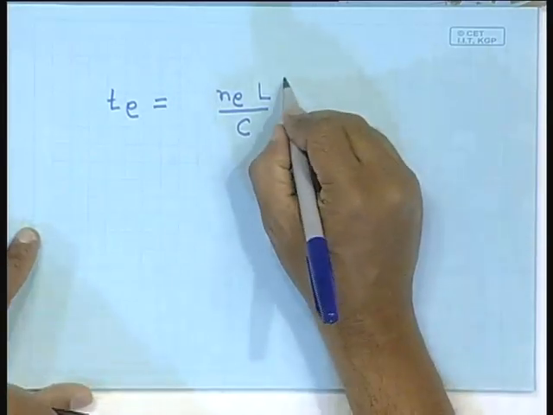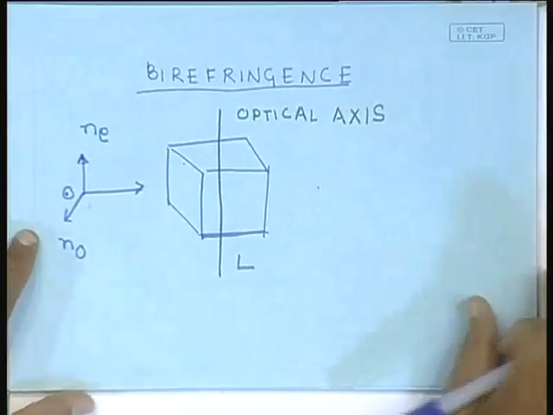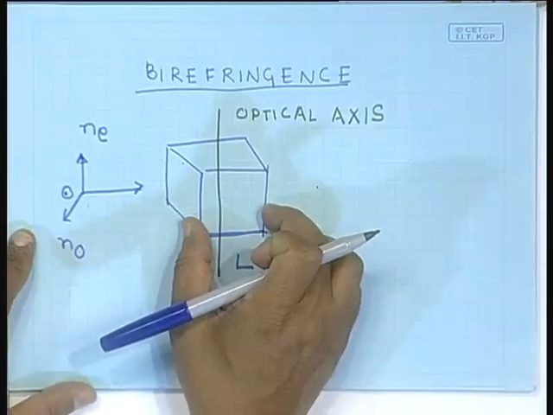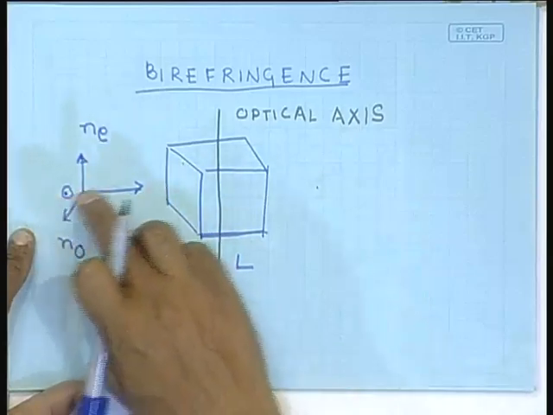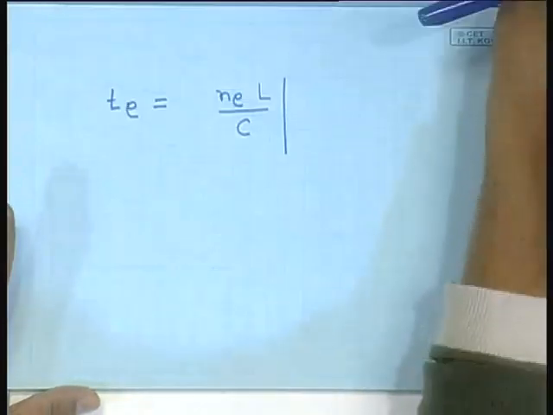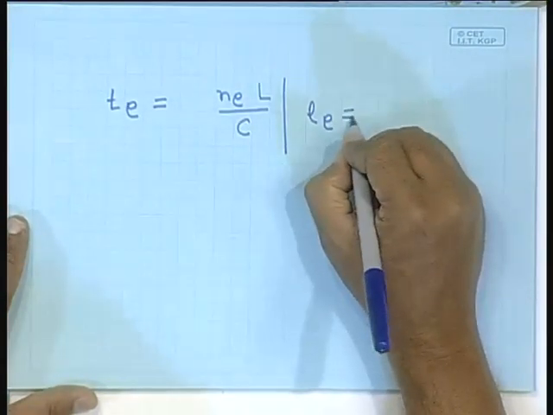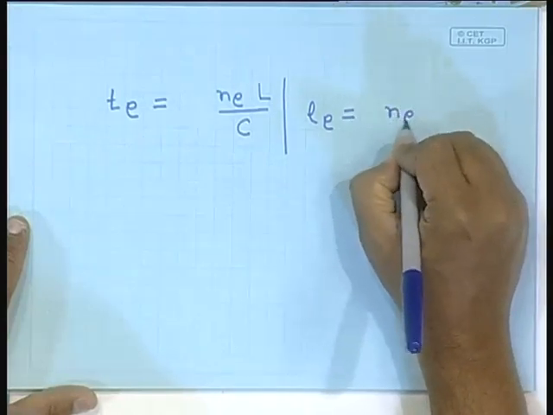Or if you ask the question, what is the optical path corresponding to this for the wave with electric field along the optical axis, the optical path, let me call it Le, is going to be Ne times the actual length.